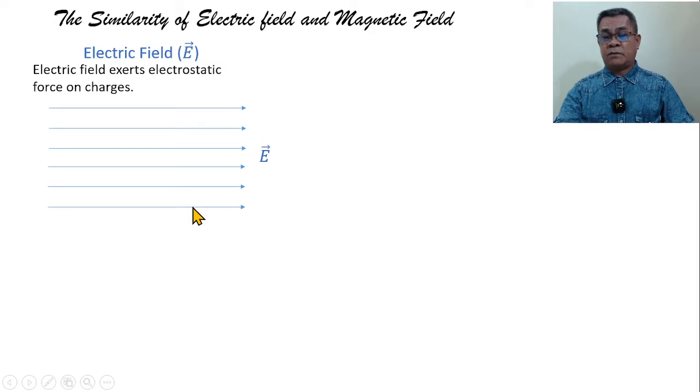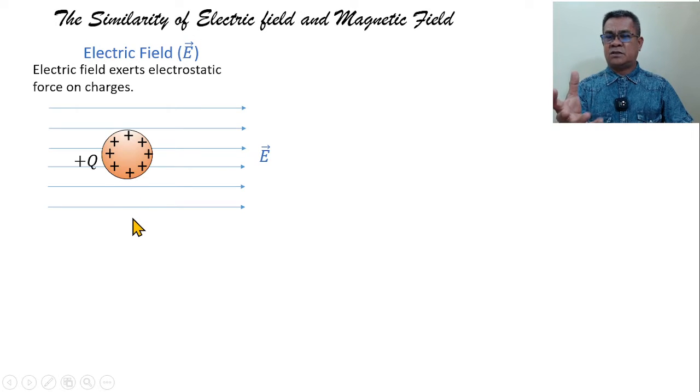So, for example, if we have an electric field directed towards the right, and we place a charge Q in that region, this charge experiences a force, and the force is directed along the electric field for a positive charge.